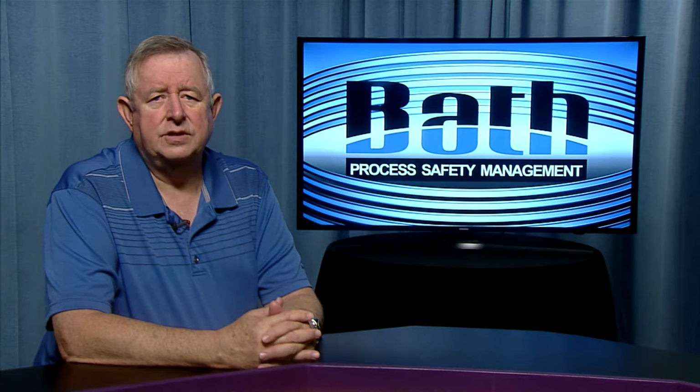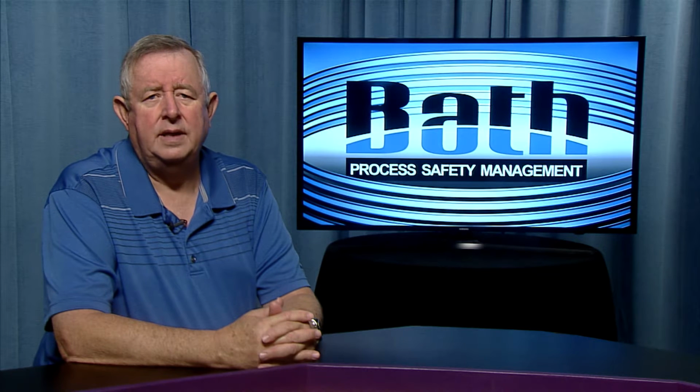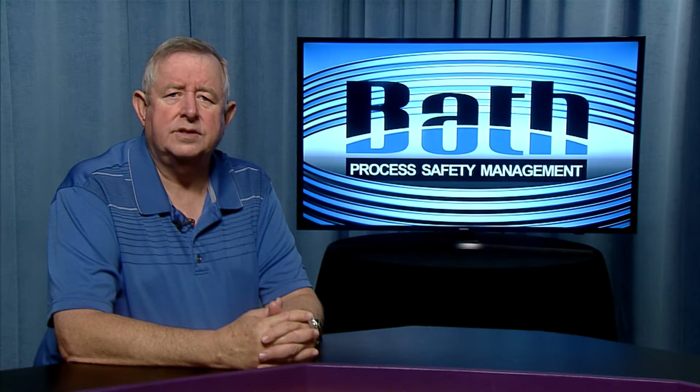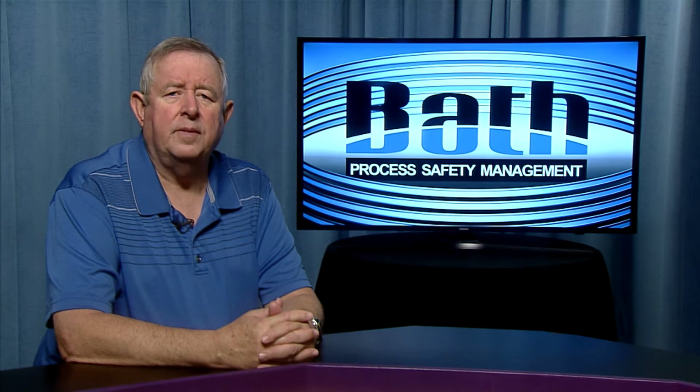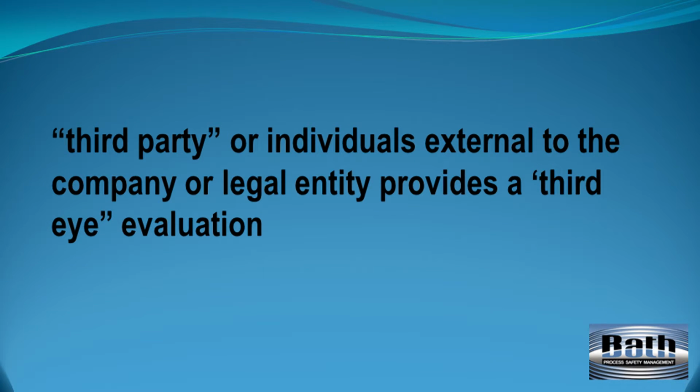A gap analysis for process electrical equipment and electrical installation practices cannot be determined from a simple plot plan or electrical drawings alone. A hazardous area classification compliance assessment performed by a third party or individuals external to the company or legal entity provides a third eye evaluation.